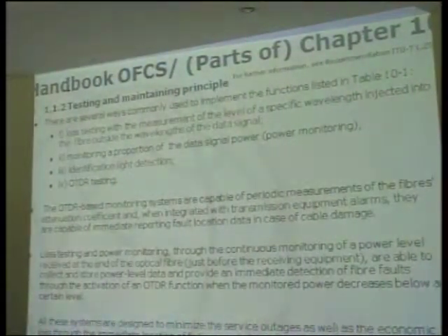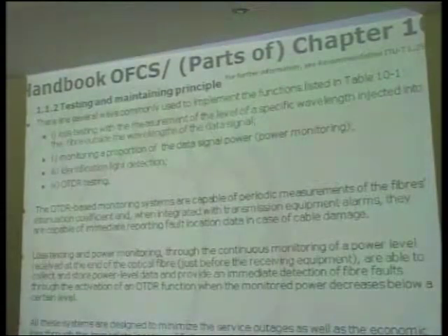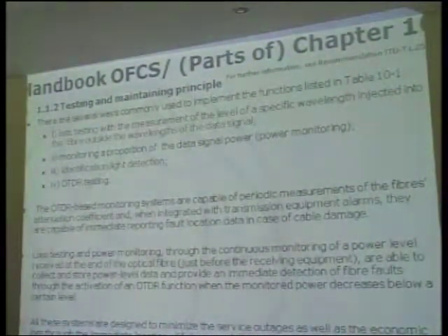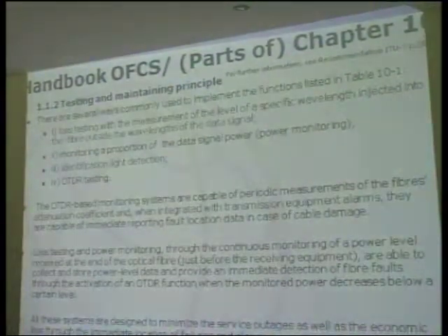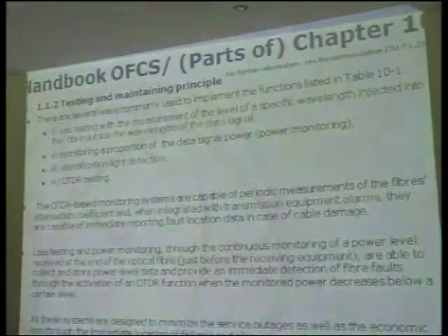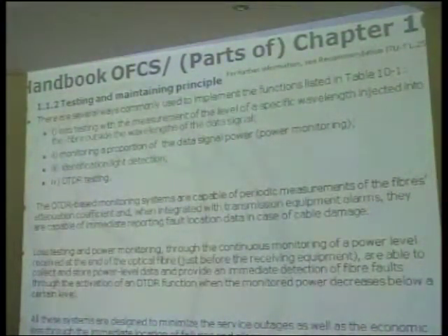All these systems are designed to minimize the service outage as well as the economic loss through the immediate location of failure and alarm generation, and at different degrees are intended to predict failure due to degradation of the fiber performance.